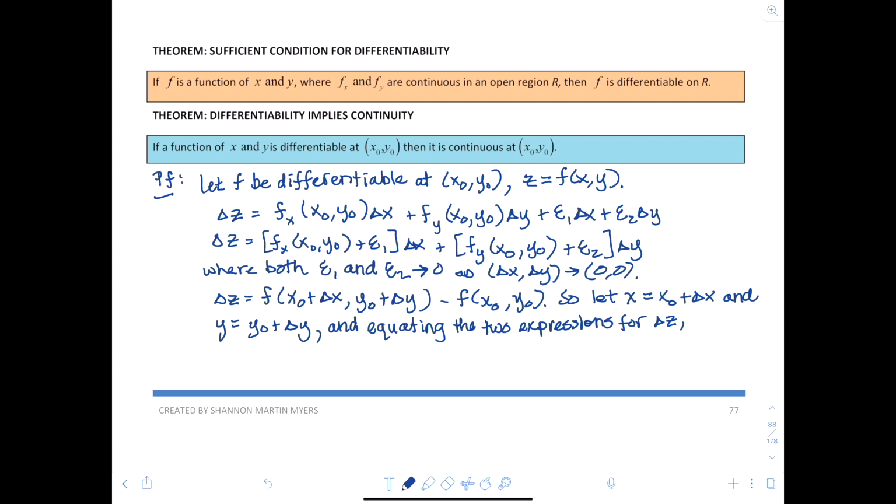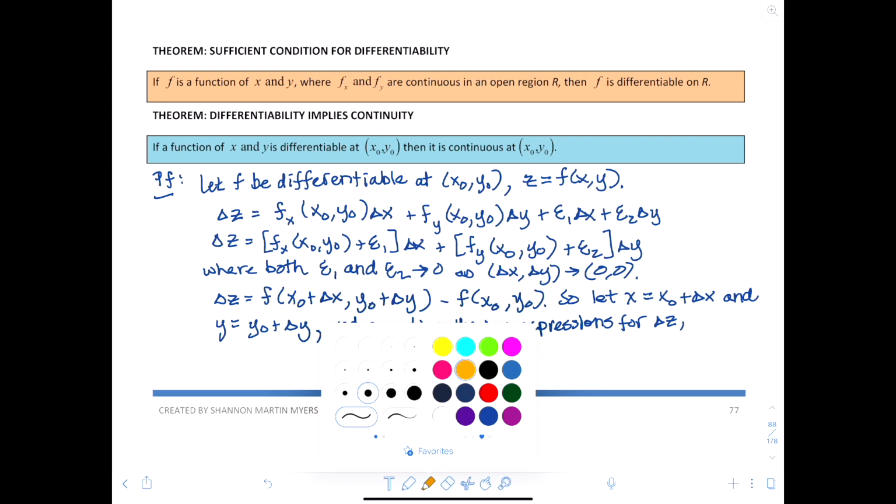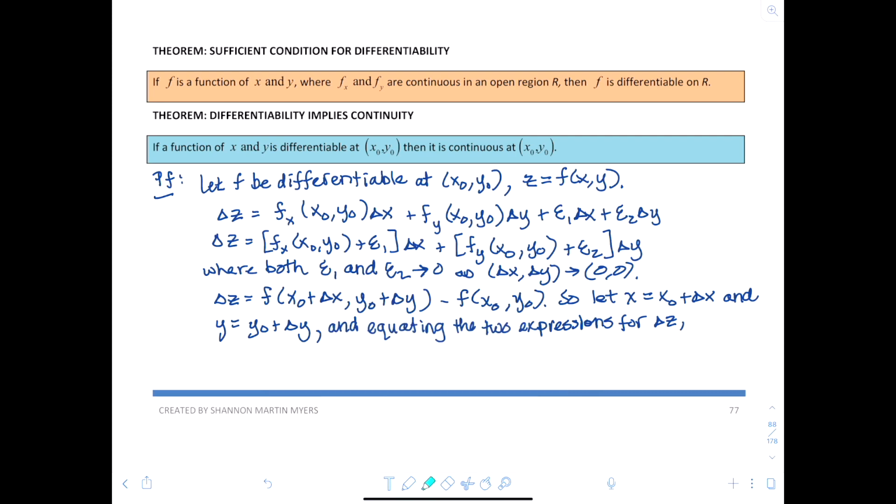Well, the one from substituting would be what? X, we said, was going to be x0 plus delta x, right? And we also said that y was going to be y0 plus delta y.